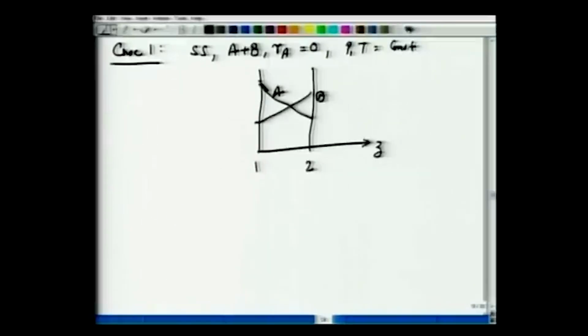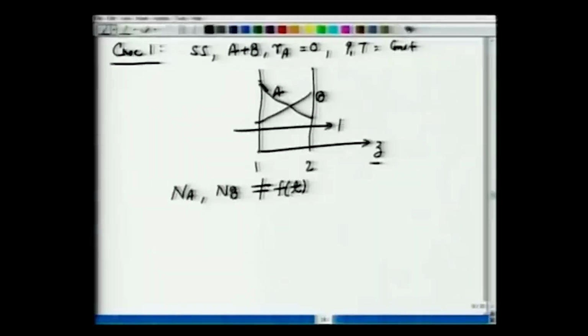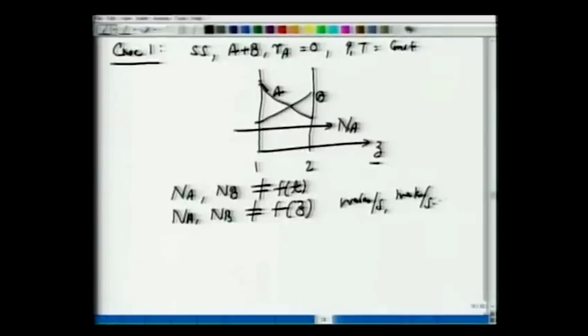Okay. So under these conditions, if you assume that it's a steady state and there is no chemical reaction, all it means is that the molar diffusion fluxes NA and NB are not a function of time. And since there is no chemical reaction and we have Cartesian coordinates, NA and NB also do not change with z direction, because moles per second, as well as moles per second per meter square, are conserved in the z direction.